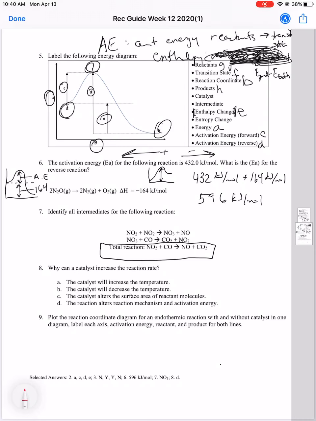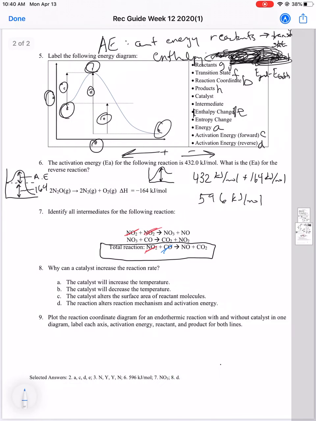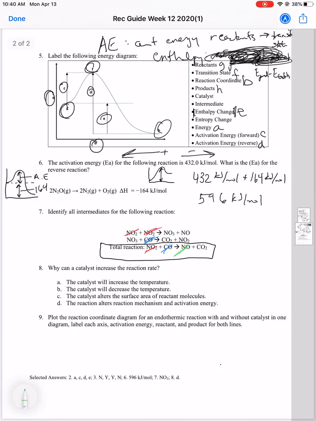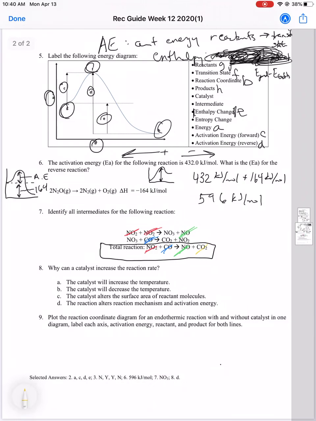So remember, the intermediates aren't going to be reactants, and they're not going to be products. So let's start by taking away everything that's either a reactant or a product. We can get rid of all of our NO2s, all of our COs, all of our NOs, and all of our CO2s.